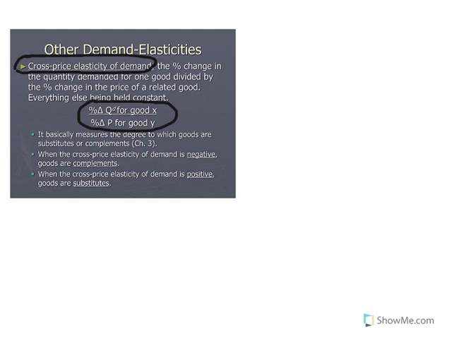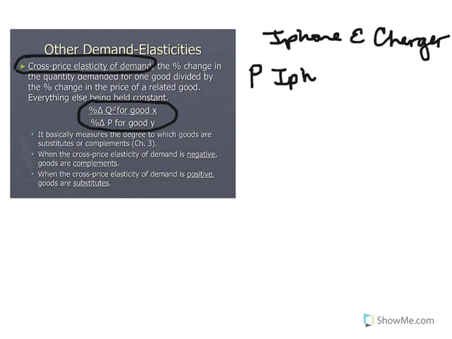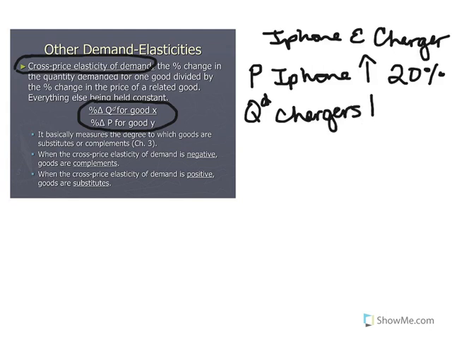So let's say that we are talking about something like, I'll use my usual example, iPhones and chargers. And let's say that the price of the iPhone increases by 20%, and this causes the quantity demanded of chargers to fall by 10%.